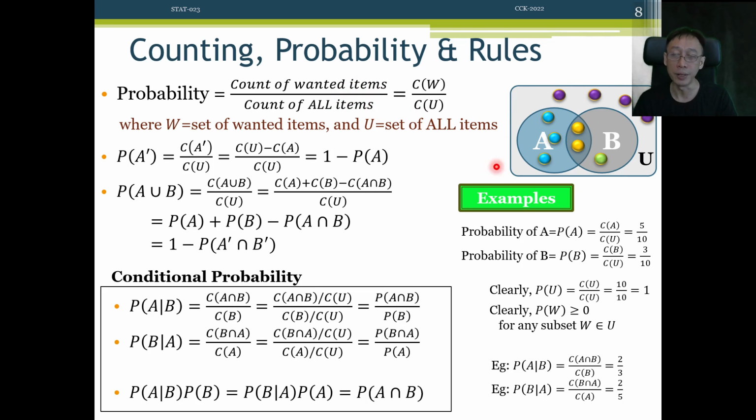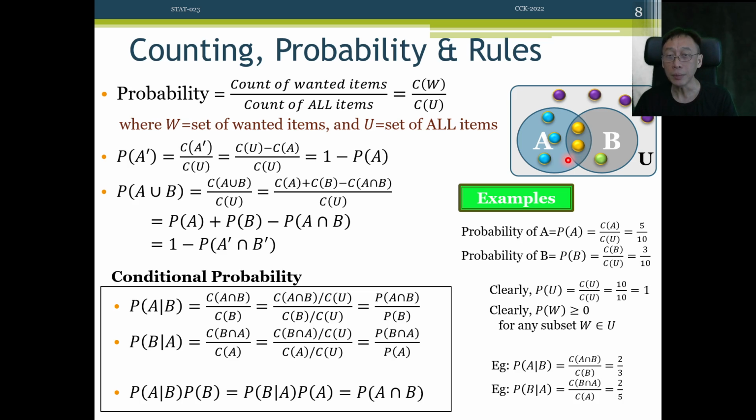Let's take a look at the Venn diagram on the right side here. So U represents the universal set, and that represents all our measurements. And events A and B are just subsets, and they declare those items that are interesting in the sense of A and interesting in the sense of B. And as I purposely put 2 balls here in between A and B, some events overlap each other, and some events don't.